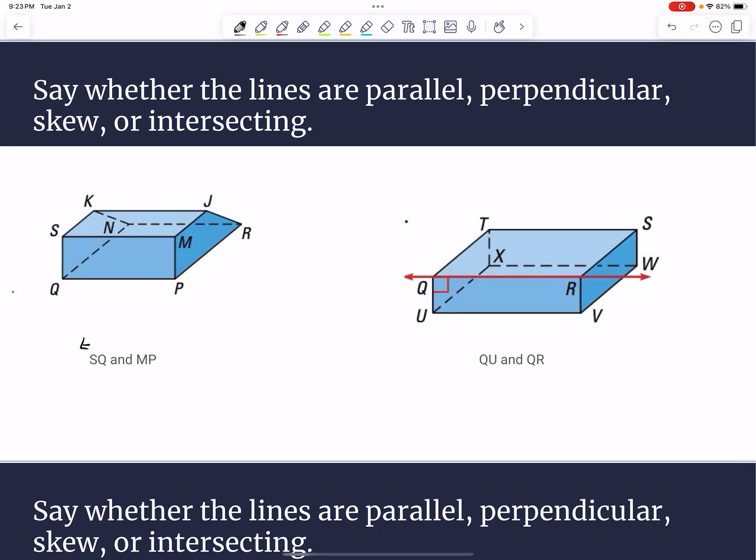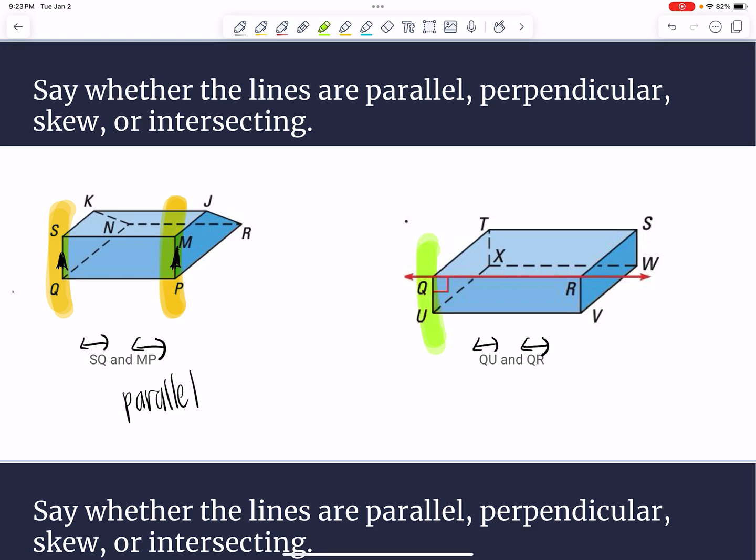So what about line SQ and MP? Let's highlight those. SQ is here, MP is here. Now it doesn't have the markings, so we're going to add them so that we can actually assume this. Those would be parallel. They face the same direction and they never cross. Okay? So what about line QU and QR? Well, let's go highlight this in the picture.